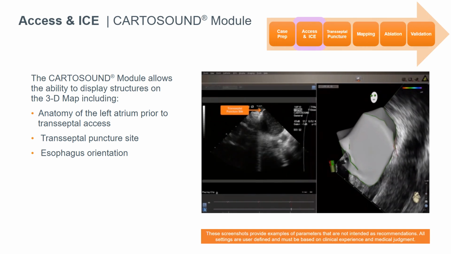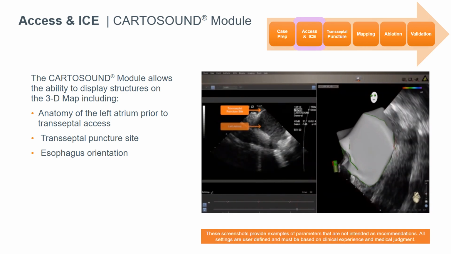Following use of the ACCURESPE module, intracardiac echocardiography may be used to create and display a CARTO 3 system 3-dimensional map. An intracardiac echocardiogram is an ultrasound image taken from inside the heart.